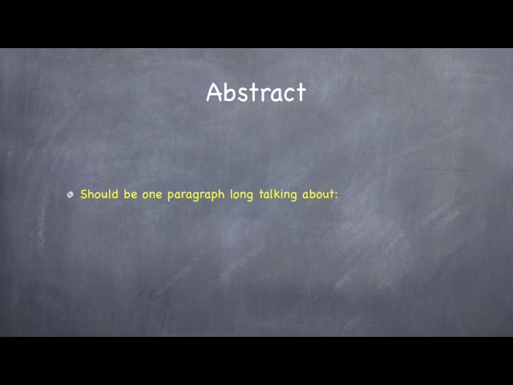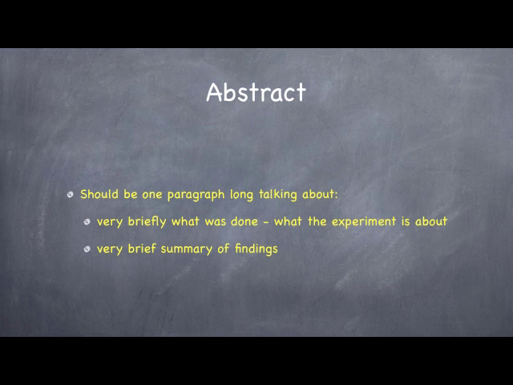First of all, abstract. This should essentially be ideally one paragraph, talking briefly about what was done, in other words, what the experimental was about, and a very brief summary of findings. It's as simple as that. Now, some people gave a bit too much information here about what the experiment was about.